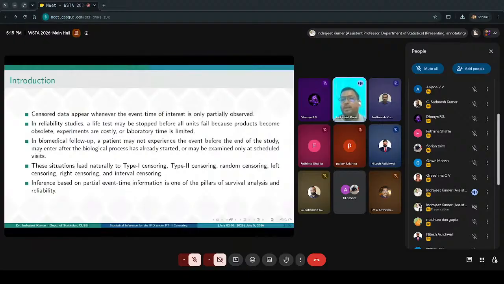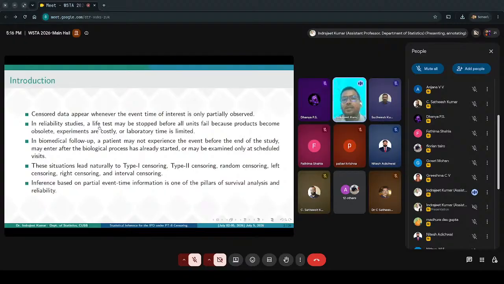And if we need at least a minimum number of failures or observations, we have to continue the experiment until we get a sufficient number of failures. So these are the two major types of censoring scheme.